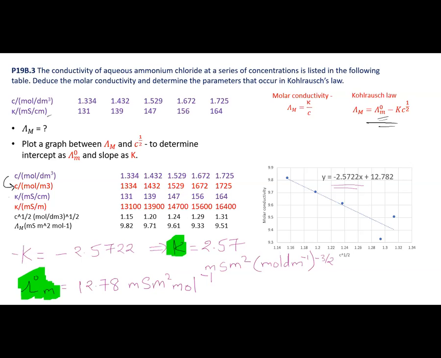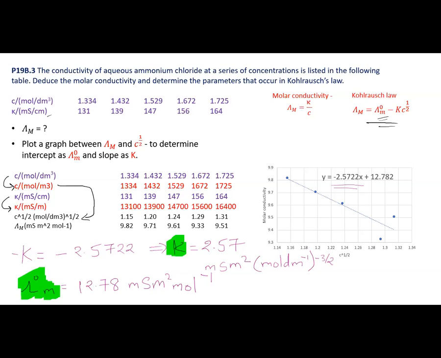At the same time, I took the kappa conductivity and converted it from millisiemens per centimeter to millisiemens per meter. Again, here I have to multiply the value by 100. And from the concentration, I took the square root.